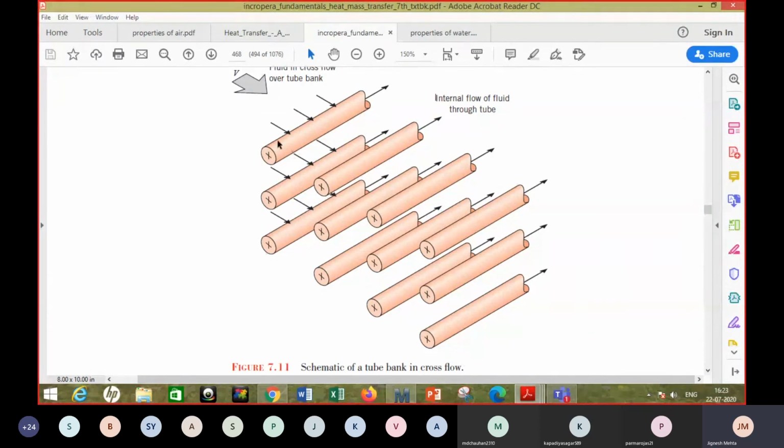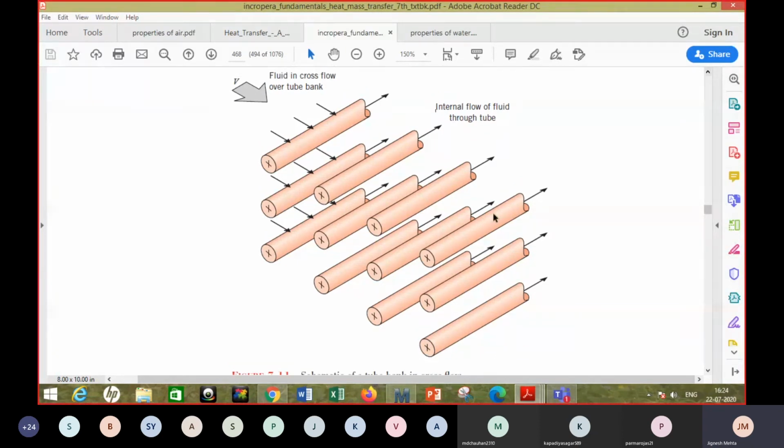And basically what I wanted to convey is that the cylinder in cross flow is a very important case in the study of heat transfer, because in many of the heat exchangers you come across this kind of phenomenon where one fluid is passing over the surface of a cylinder, and the axis of the cylinder is perpendicular to the flow direction of the fluid, as it is seen in this case.